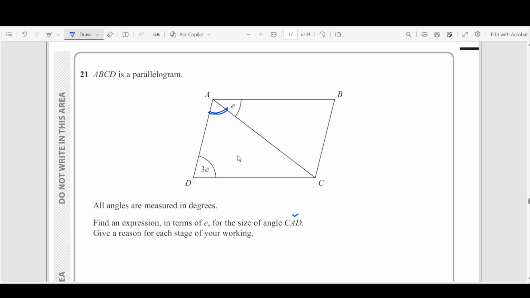So, if you see here, CAD would be equal to this angle, right? Because they are alternate.